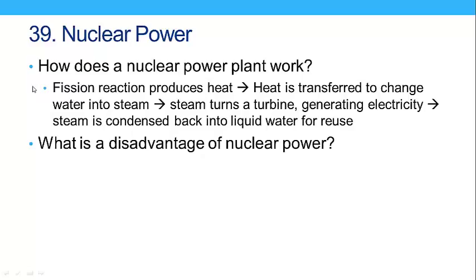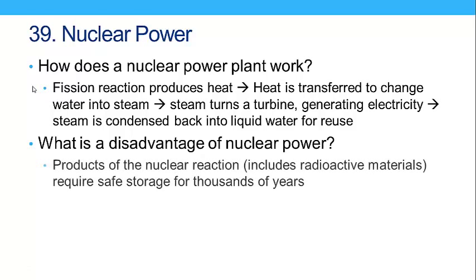So the heat is transferred to change water into steam. This steam is going to be kinetic energy used to turn a turbine. This generates electricity. Then the steam, which now has lower kinetic energy, is recondensed back into liquid water so we can pass it through the system again and reuse it.